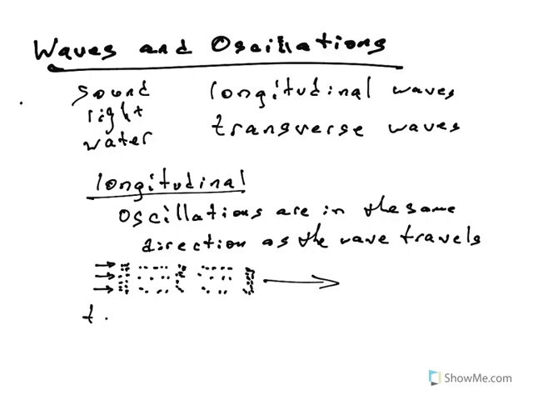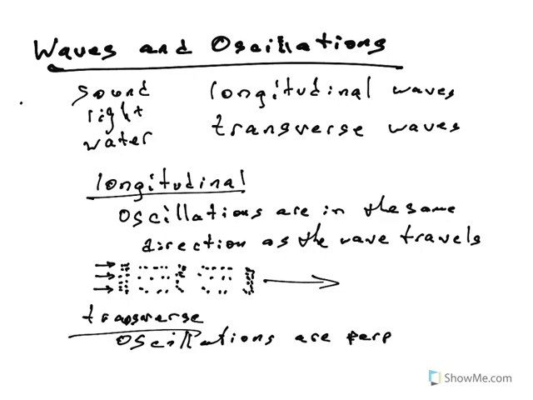The other type, of course, is transverse. And a transverse wave is one in which the oscillations are perpendicular. And so this is like water waves and light waves and things like that.